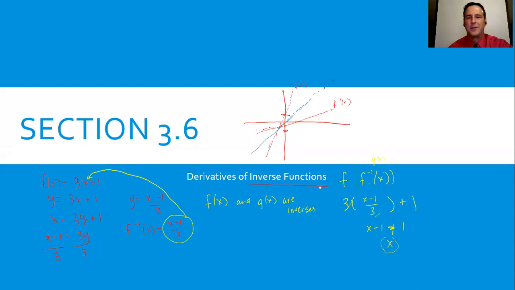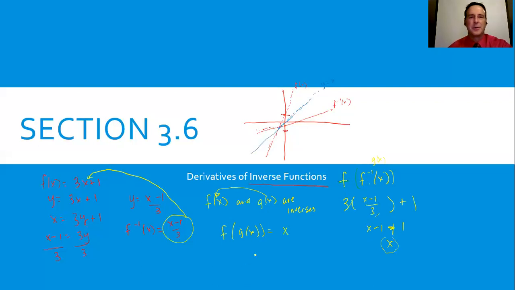So what I'm going to do is, instead of using f negative 1 of x, or the inverse of x, I'm going to plug my g of x in for this x. And what I know is that when I plug this into this guy and work it out just like I did over here to the right, I should finish with an x.